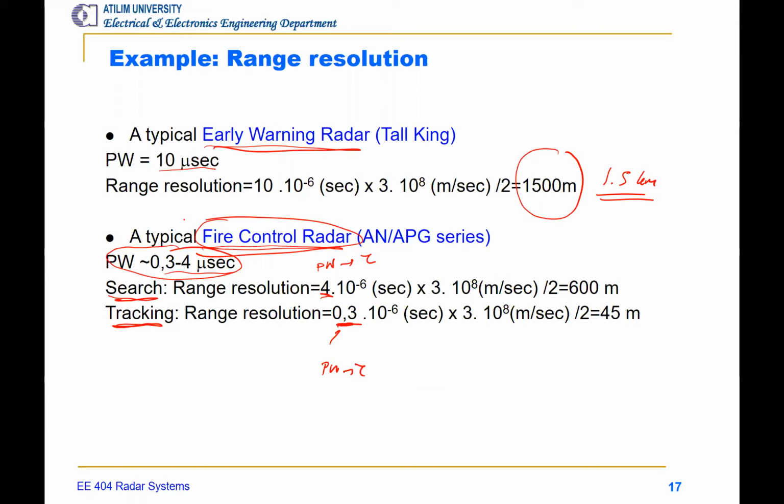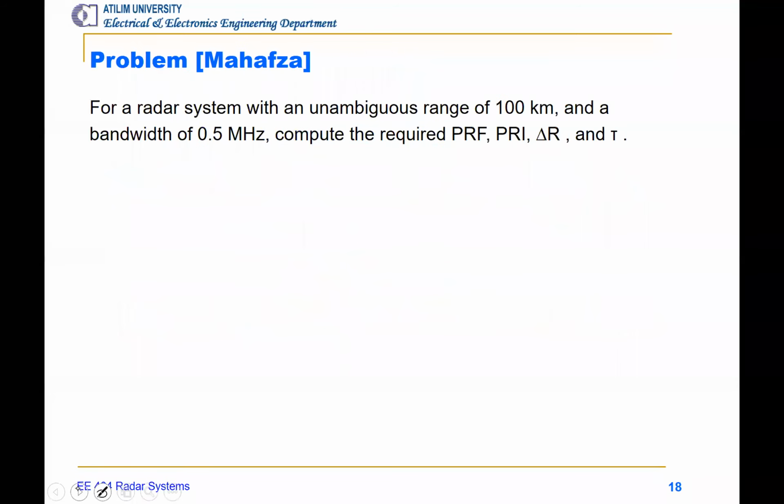So I have to have a very good range resolution, okay? And here we see it's about 45 meters, maybe less than that. There are some other parameters. 45 is not a perfect number, but that's quite good. For most aircraft, for example F-16, the distance will be more than 30 or 45 meters, depending on the speed.